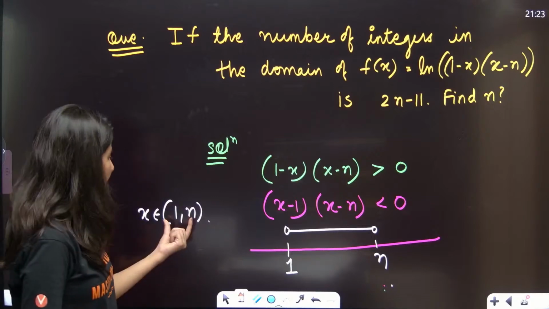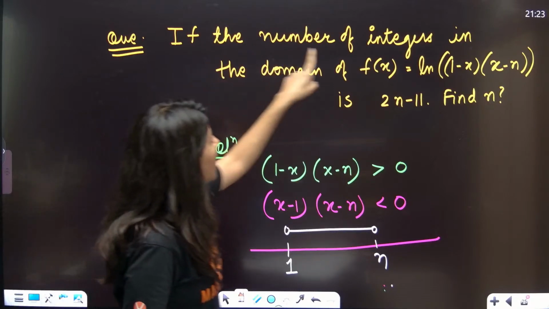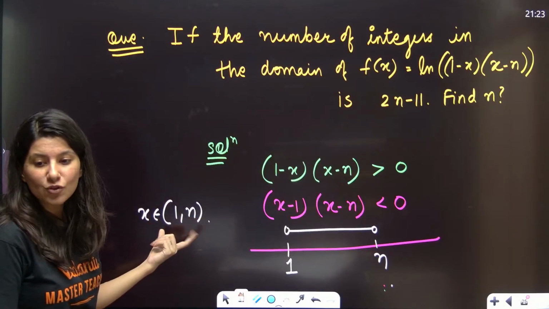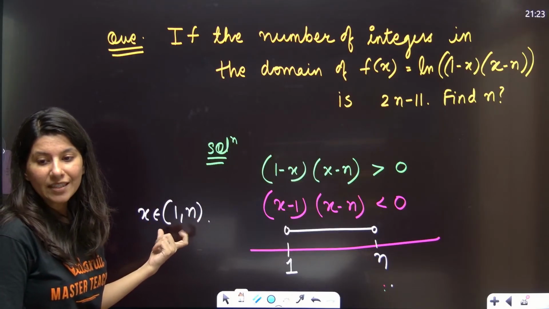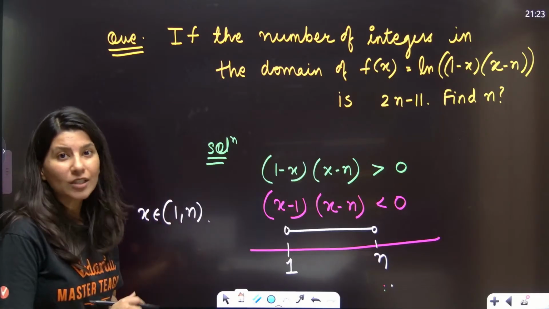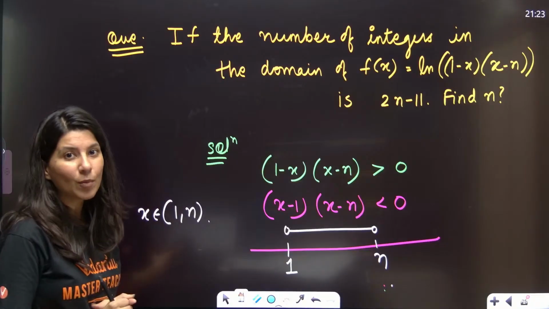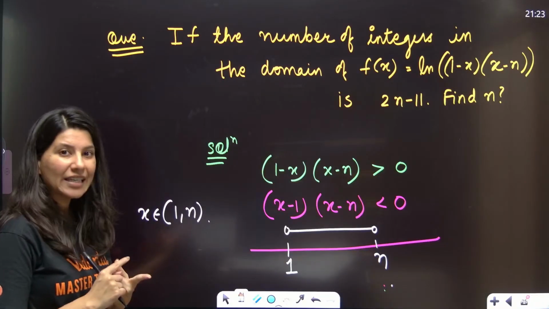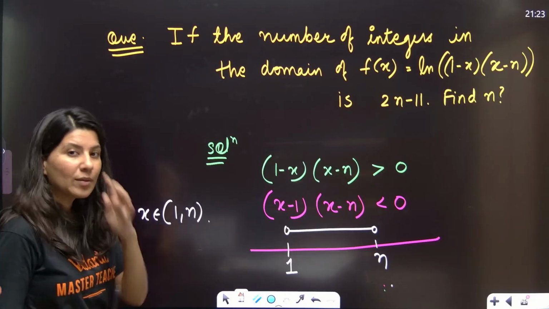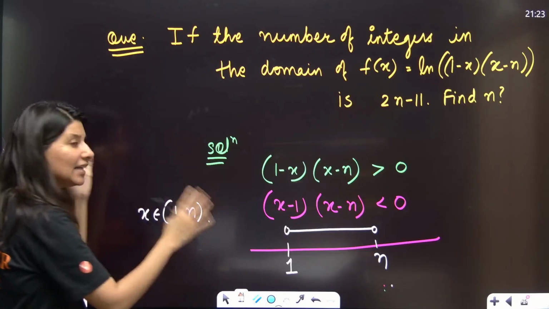Okay, that means now if the number of integers in the domain, how many integers are there in this domain? Can anybody tell me? Ma'am, 1 to we cannot count. We need to count starting from 2. So ma'am, 2, 3, 4, 5, 6, 7, 8, 9, 10 and one more. That means, see, 1 and n.